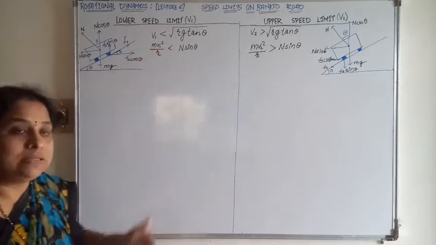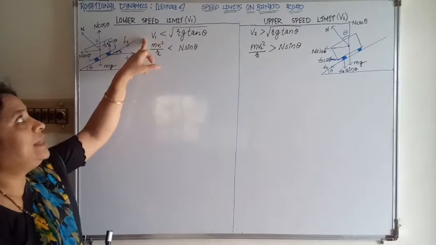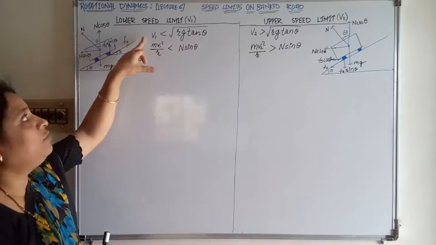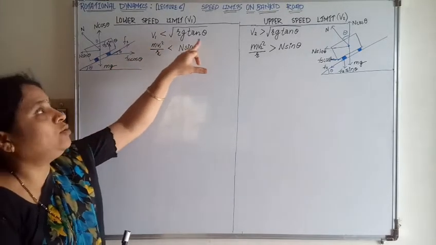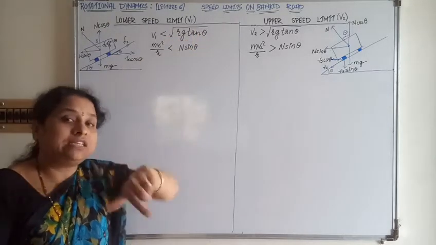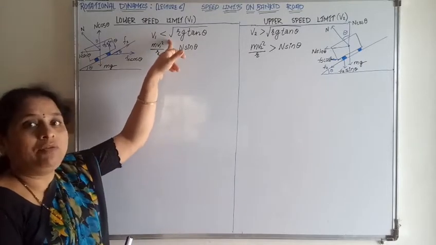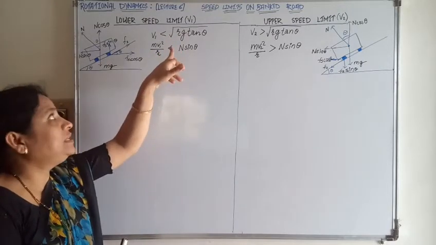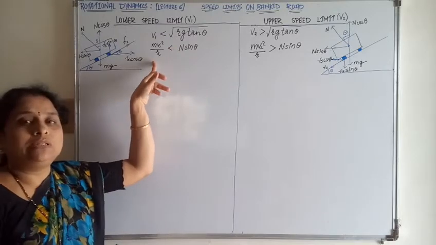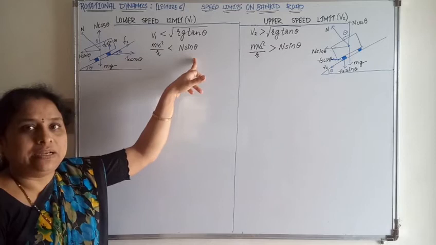To pass the vehicle with the minimum speed, we get the condition V1 should be less than under root Rg tan theta. What is under root Rg tan theta? That is the safe speed, Vs. So V1 should be less than Vs. For that, as V1 is small, the centripetal force m V1 square by R is also less than n sin theta.